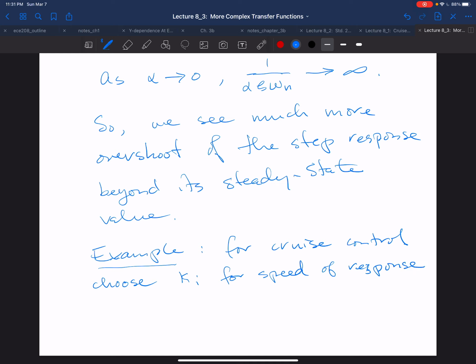Then given that value of omega n determined by Ki, we would choose Kp for a damping ratio. And knowing that the zero may add overshoot, what we would do is probably go for a higher damping ratio than otherwise.